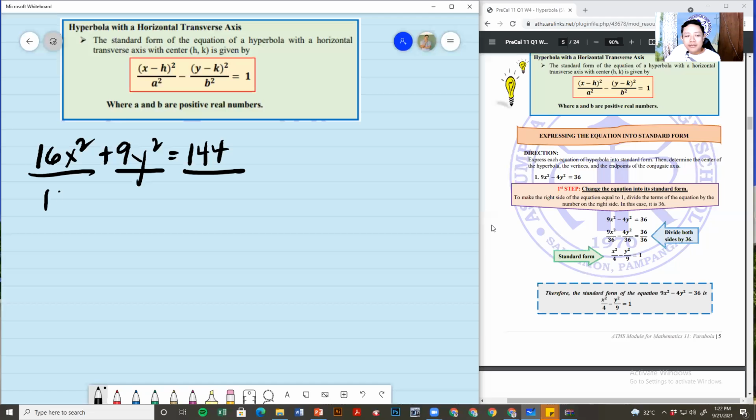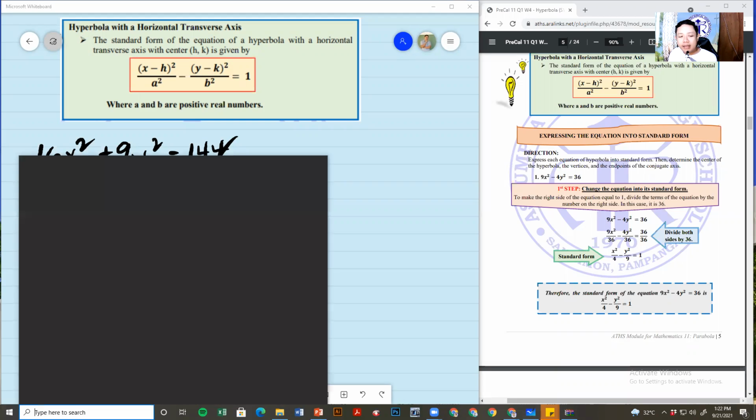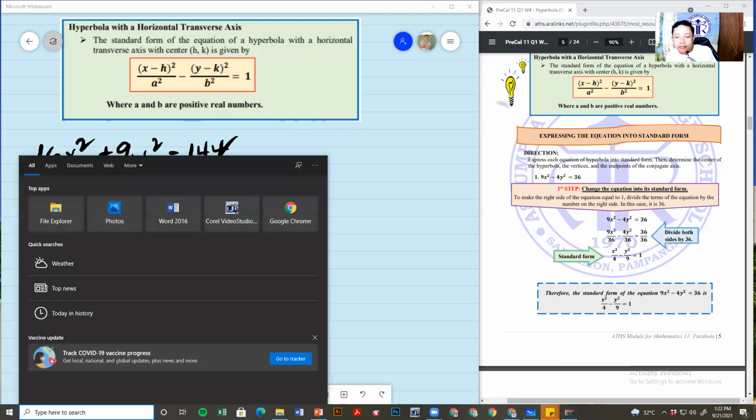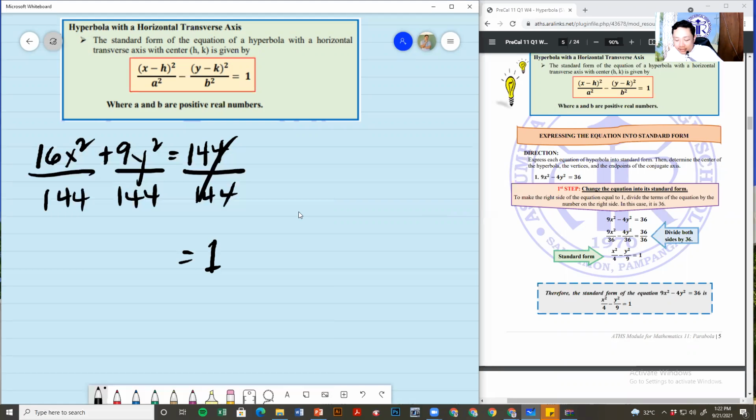Divide all terms by 144, 144, and 144. Then this will be equal to 1. Next, what about this? What will we have? 144 divided by 16. What's the answer? Okay, it's 9.